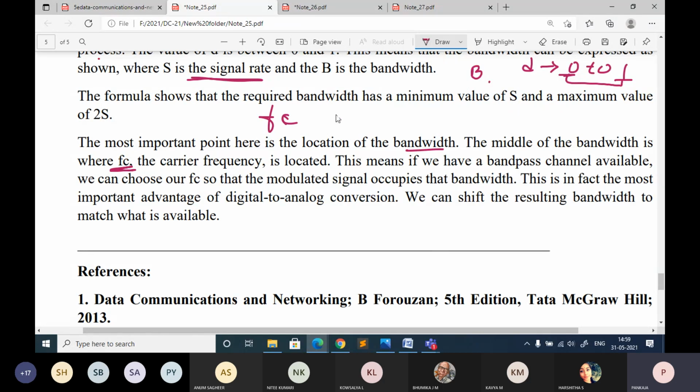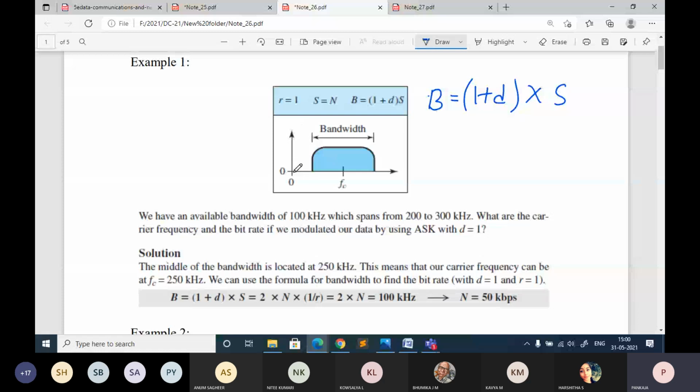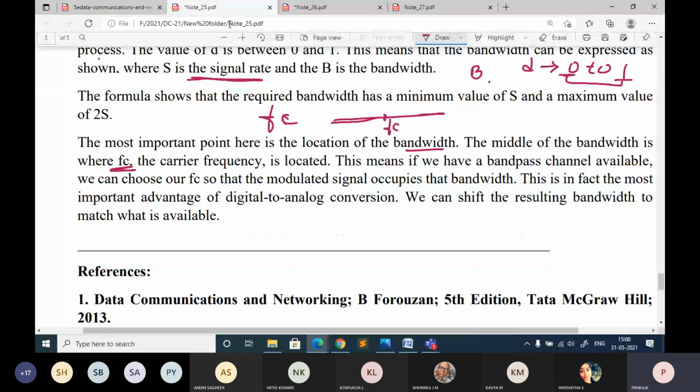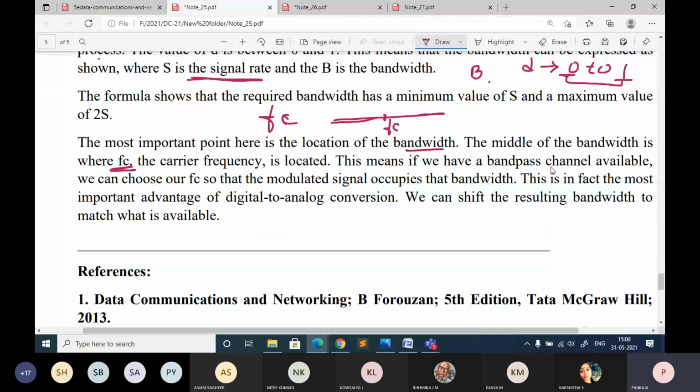If this is the bandwidth, the mid of this bandwidth is considered as the carrier frequency. You can observe, this blue box is the bandwidth. If you want to identify the carrier signal that is carrying the data, it is denoted by the midpoint of this bandwidth as fc. For this we will be considering a band pass channel.